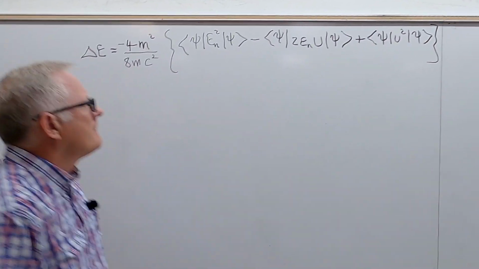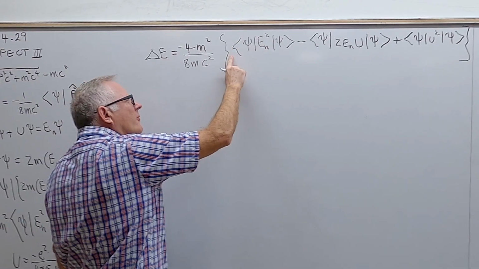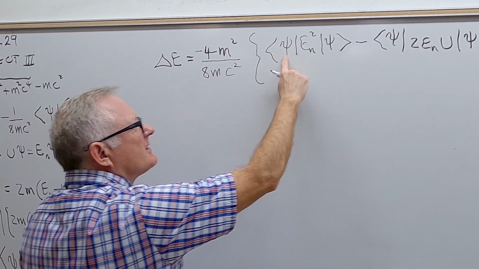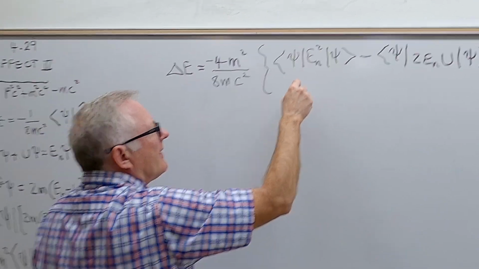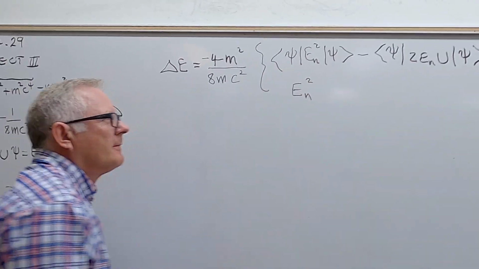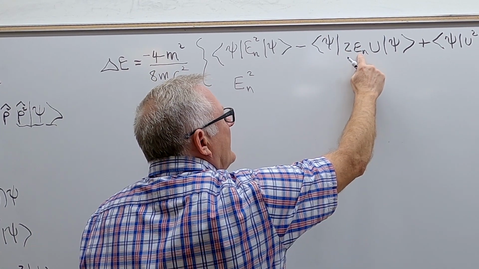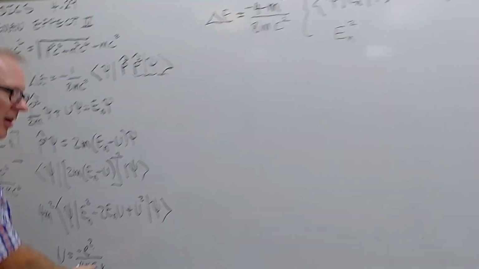Right there. Okay, well, this can come out in front. It's a constant right here. It can be pulled out in front, and we're just left with psi psi, which is 1. So this term right here is just E sub n squared. The 2 E sub n can be brought out in front. U isn't a constant. Remember, it depends on r right there.